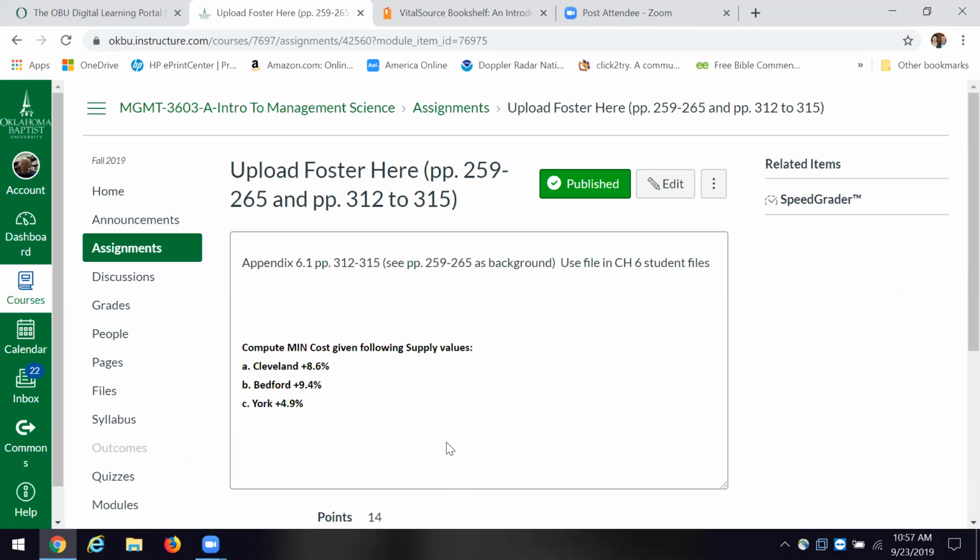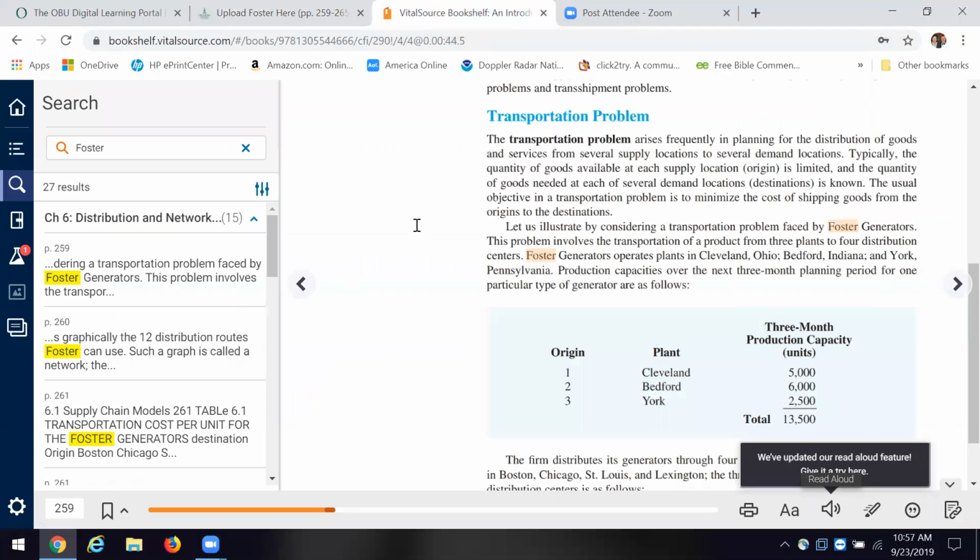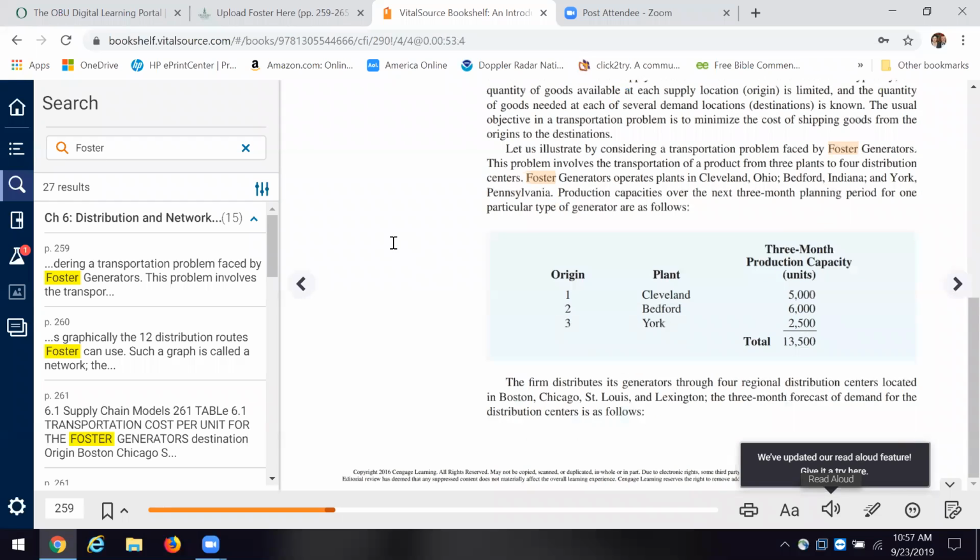In this case, what I'm asking you to do is increase these supply values for each of these destinations. It will make sense to you as we work through. But I can walk you through these kinds of problems through the text, so you can get the advantage of some of the good narrative they provide, and you could see some of the schematics that they provide, like the graphics, the tables and figures. It helps make it less ethereal.